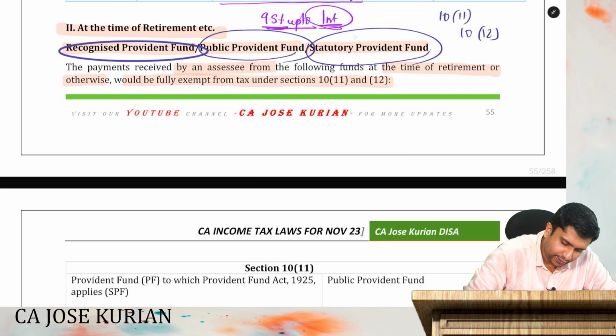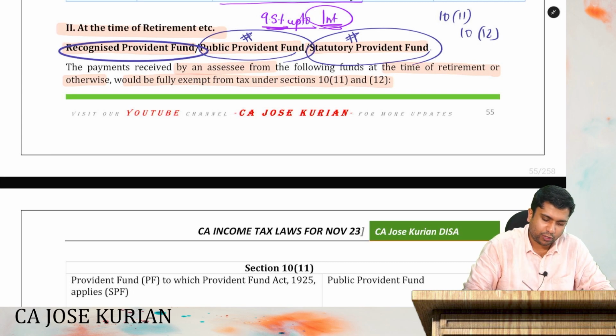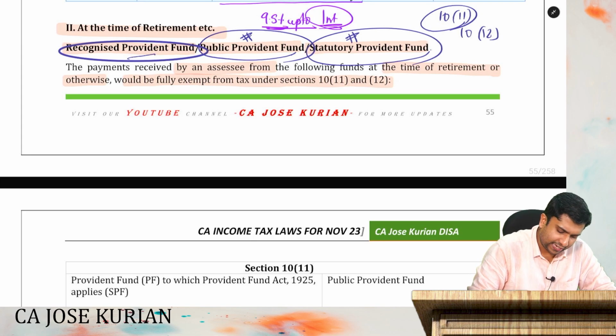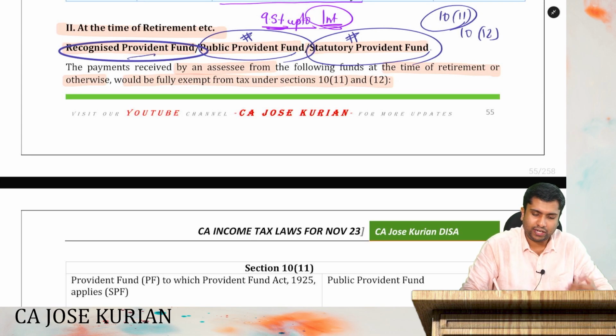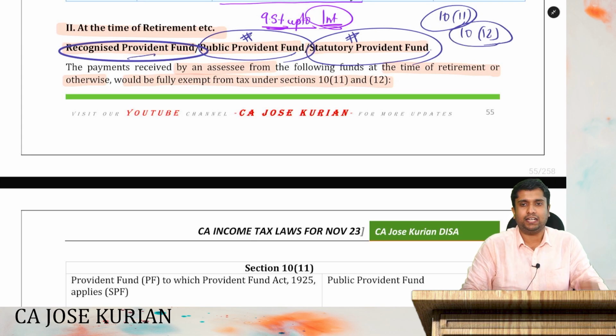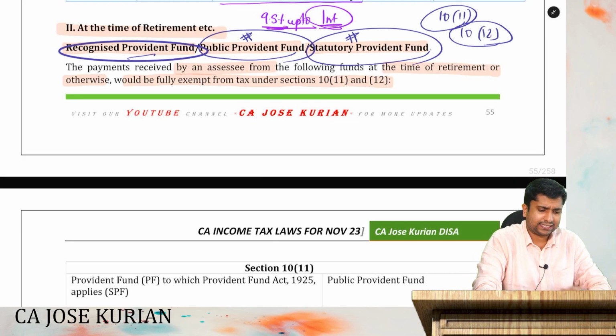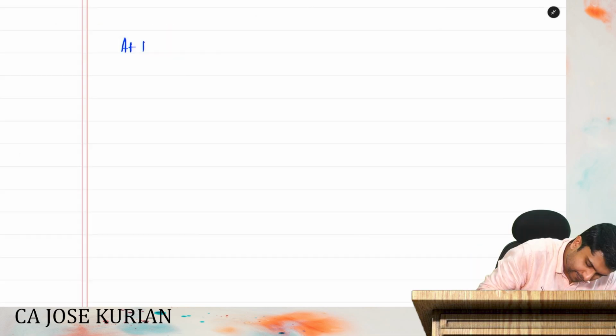Statutory provident fund and public provident fund withdrawals are eligible to claim exemption under 10(11). For the other one, recognized provident fund withdrawal is exempted under section 10(12). Are you all with me? So let's understand how exactly this particular exemption works.